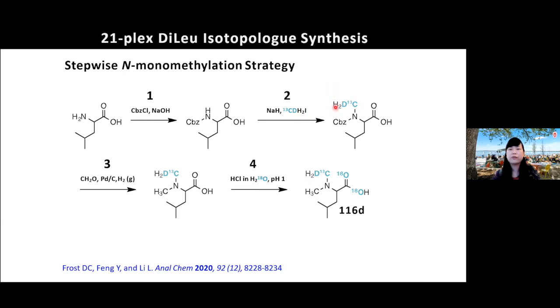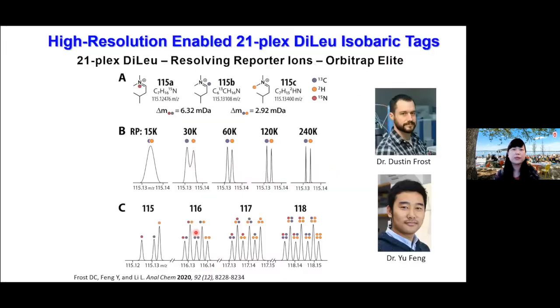This would incorporate, in this case, a single deuterium atom, and then we simultaneously deprotect and react with formaldehyde, doing the regular methylation, adding the second methyl group. And then in this case, we can use O18 exchange to add this balancer. So here, as you can see, with either 3 or 4 steps, we can synthesize these 21-plex DiLeu.